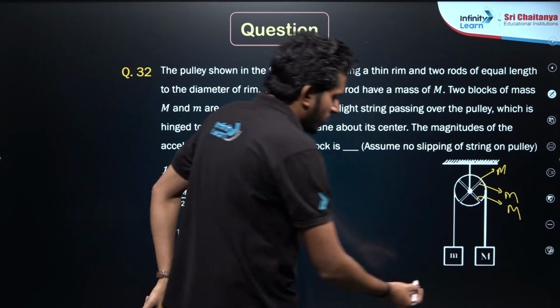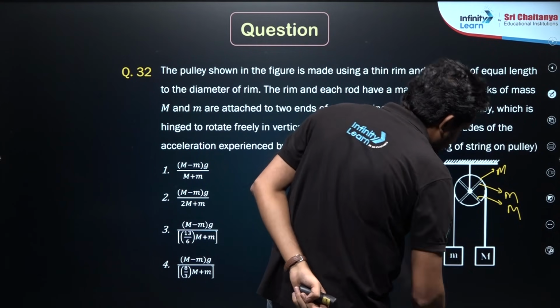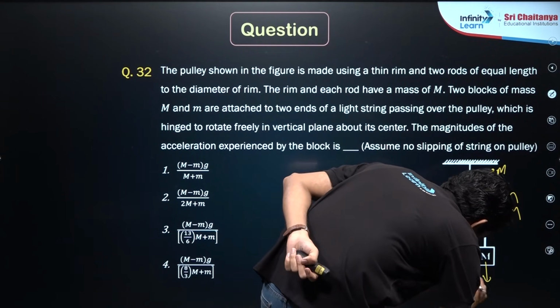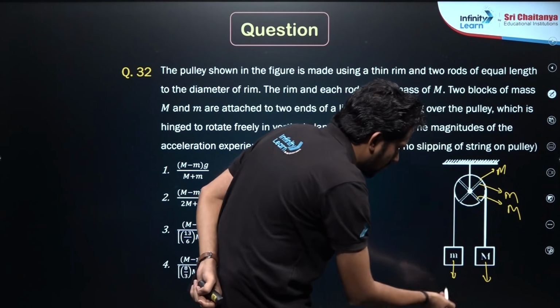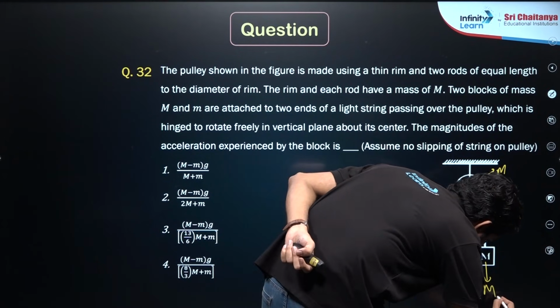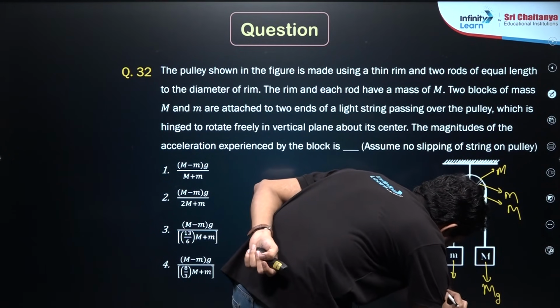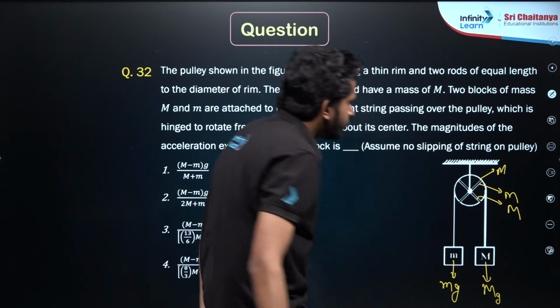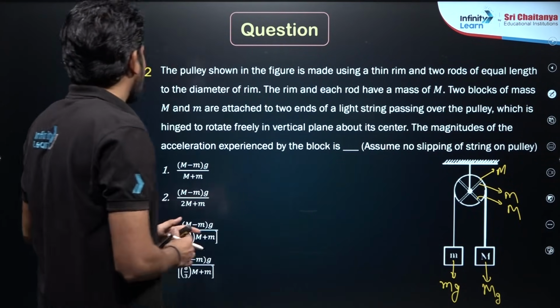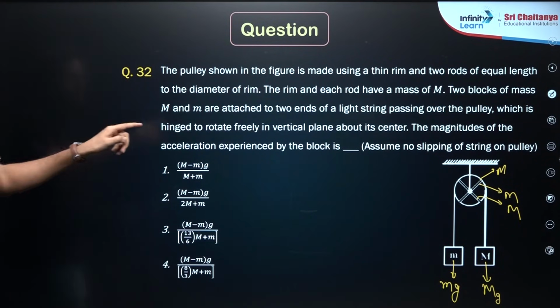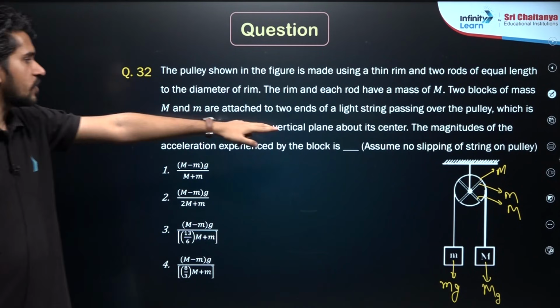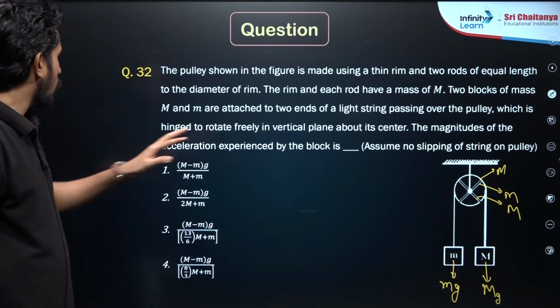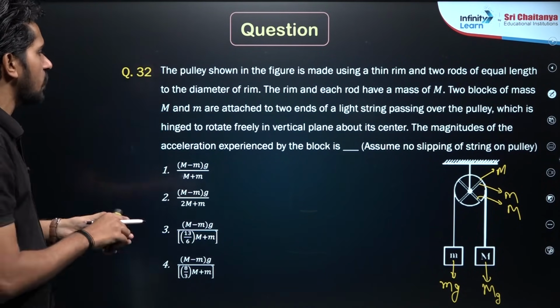So for both the blocks there will be a gravitational pull, capital Mg, small mg. It is hinged to rotate freely in vertical plane about its center. Find the magnitude of the acceleration experienced by the block.